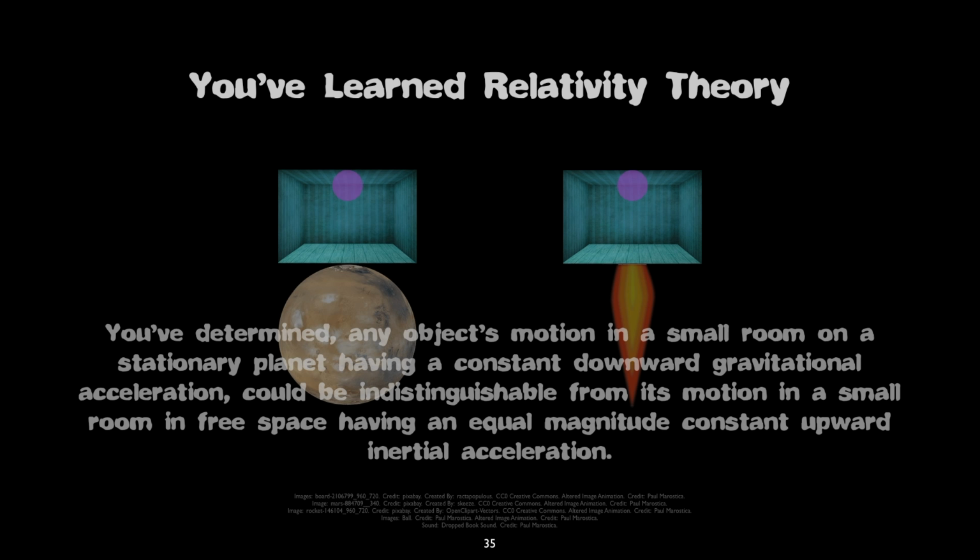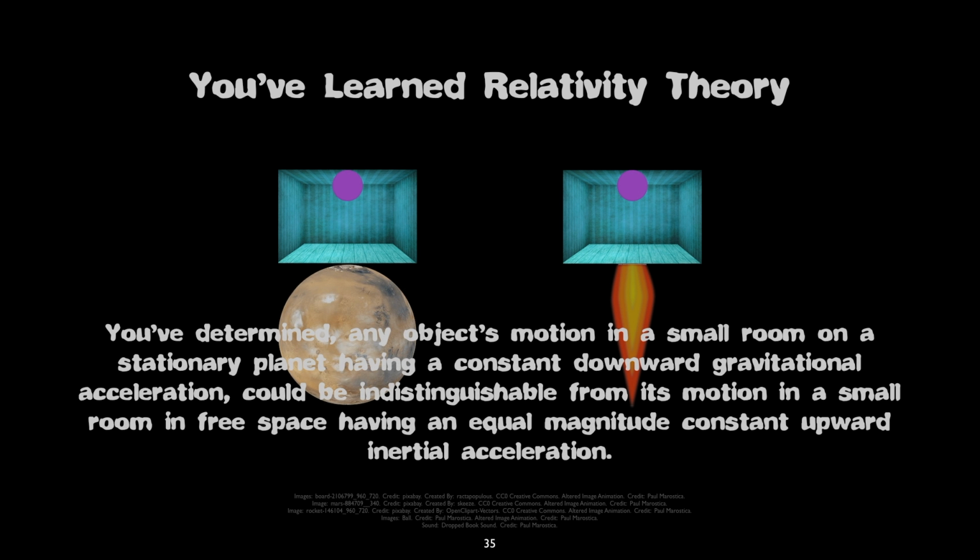Now let's try the general theory of relativity. So you've learned the general theory of relativity. You've determined any object's motion in a small room on a stationary planet having a constant downward gravitational acceleration could be indistinguishable from its motion in a small room in free space having an equal magnitude constant upward inertial acceleration.